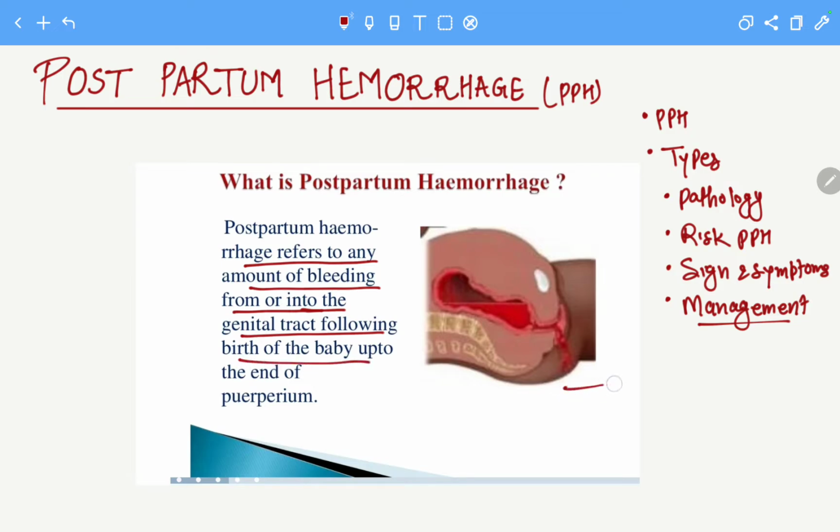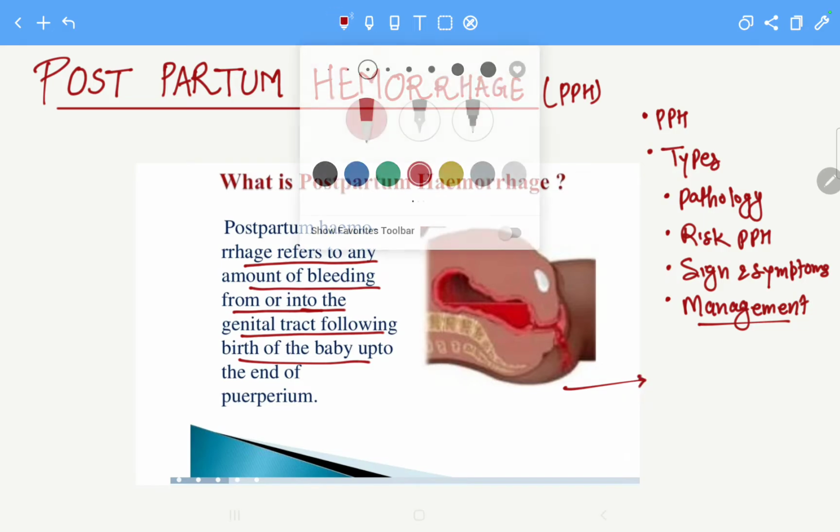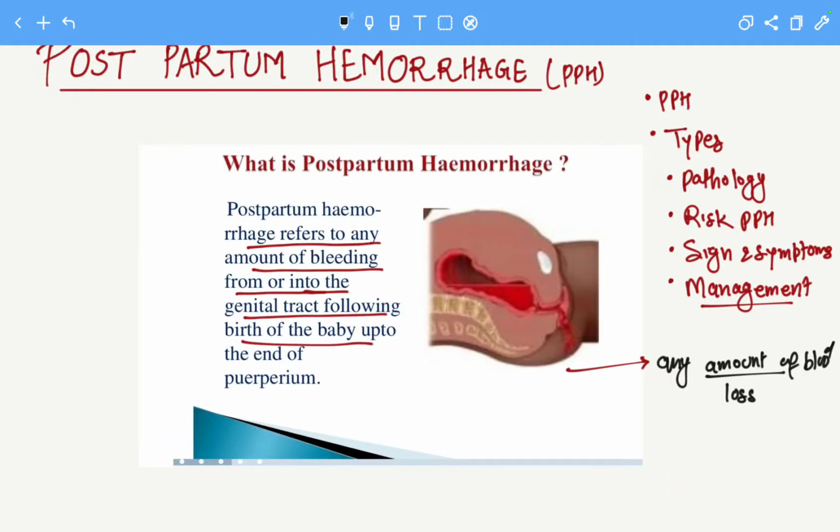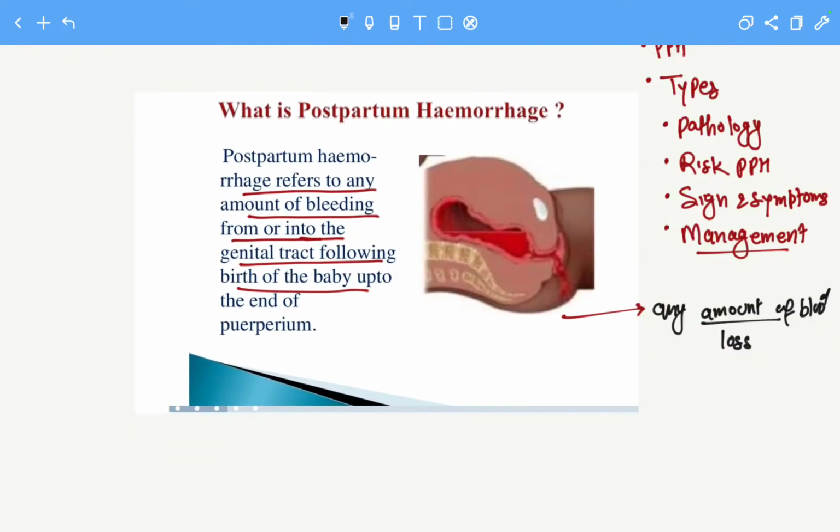So after the birth or the delivery of the baby, if there is any amount of blood loss, why are we writing here after delivery? That means during the delivery there is normal blood loss, but after the delivery there should not be any blood loss, right?